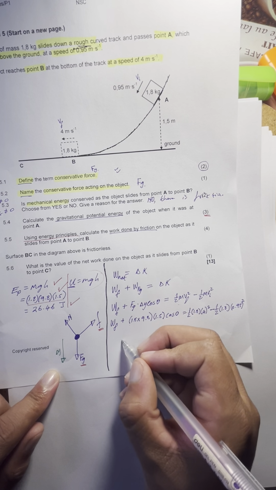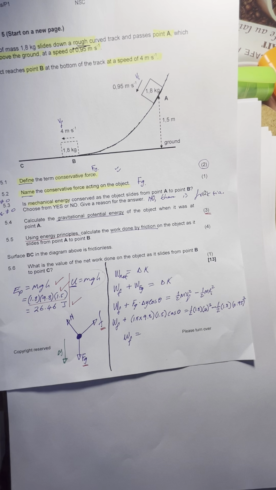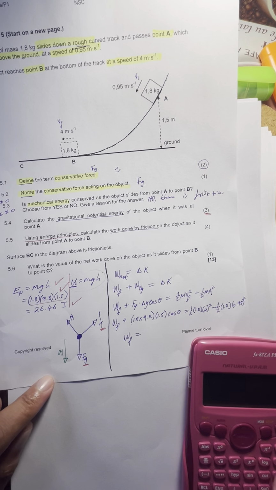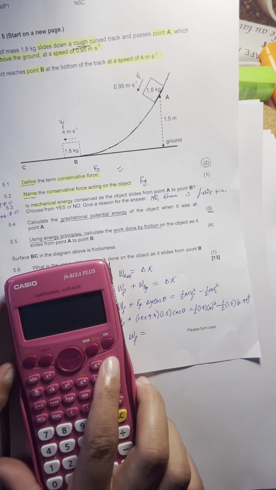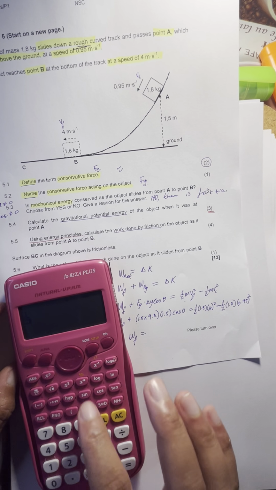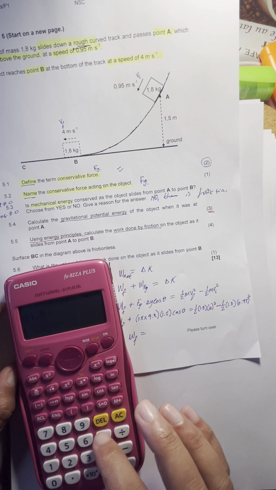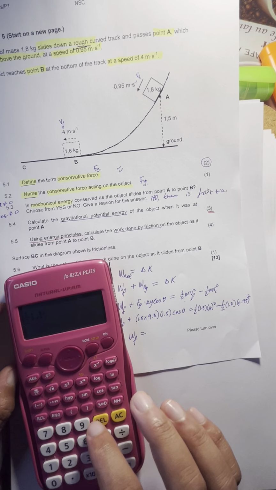So you'll get the work done by friction to be equal to, let's do it together. So it will be 1 over 2 multiplied by 1.8 times 4 squared. Okay, made a mistake there.